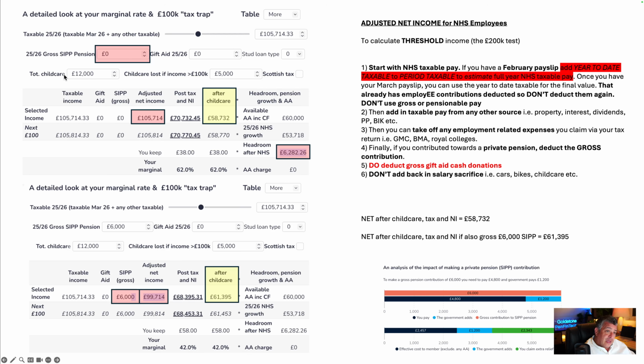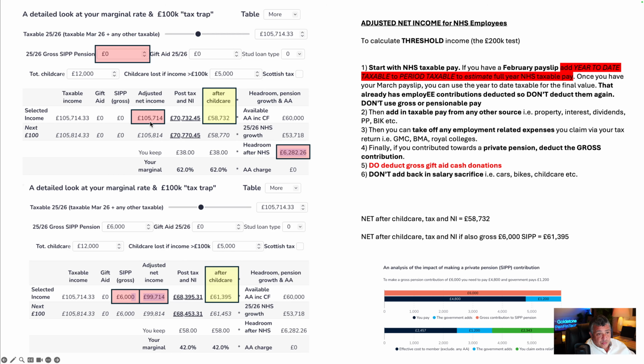And in this example from my modeler, and I'll go through the modeler in a second, we can see that this person's got total childcare costs of £12,000 a year, but if they trip over the 100k limit, and it is a cliff edge, you only need to go over by a penny, this member would have lost £5,000 in tax-free childcare. So we can see their position after childcare is very different.